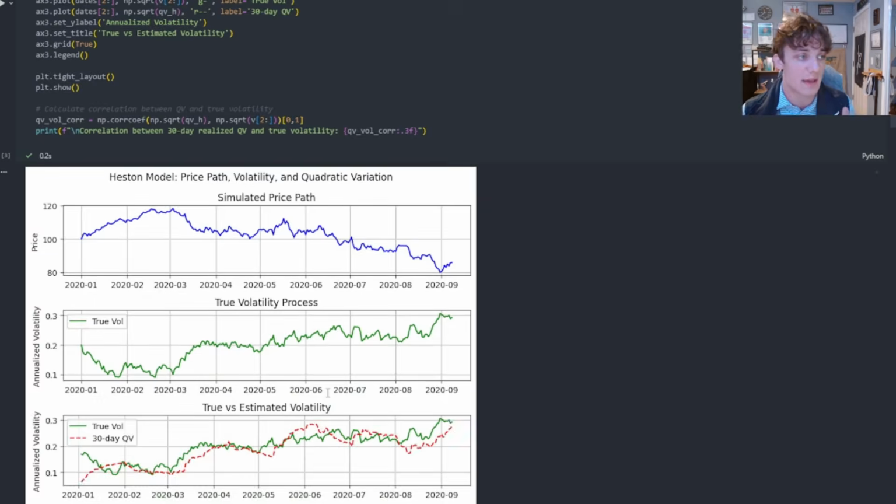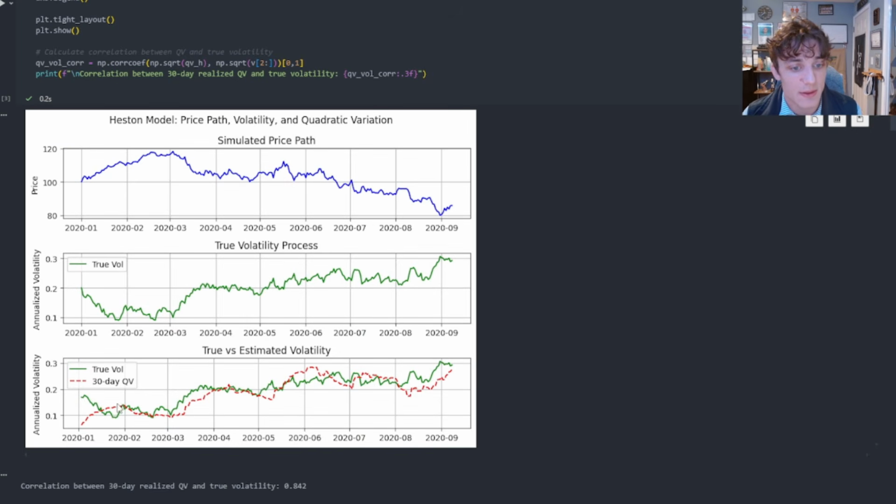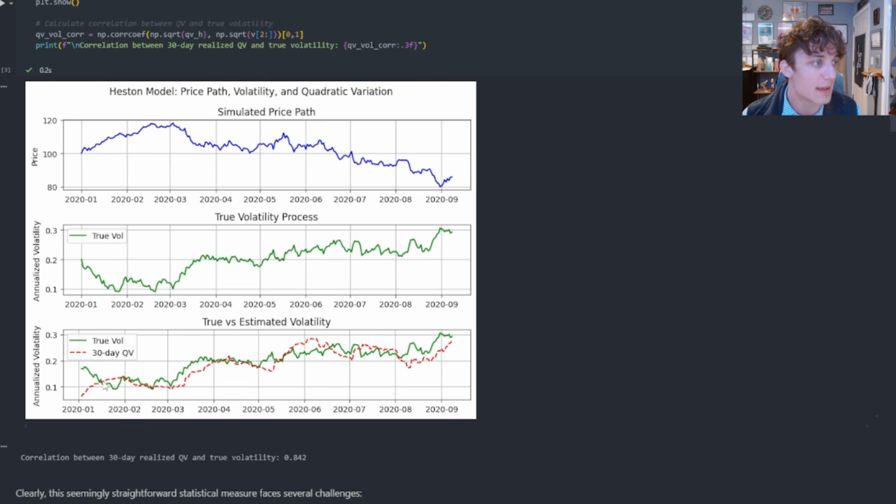Volatility is now a stochastic process. So when we impose this 30-day rolling quadratic variation, you can see this red line is trying to track this green line. And though it is incorrect, probably all of the time, it is certainly better than nothing at discerning a level of volatility. Now, of course, it's lagged, it's backwards looking, all of these things.